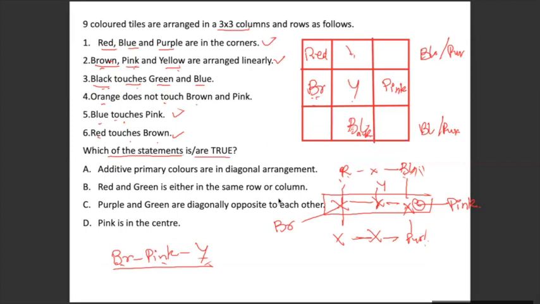Black, then here I might say perhaps blue is coming here and then green is coming here, which obviously means I have to place orange here. And which means this one should be your purple.